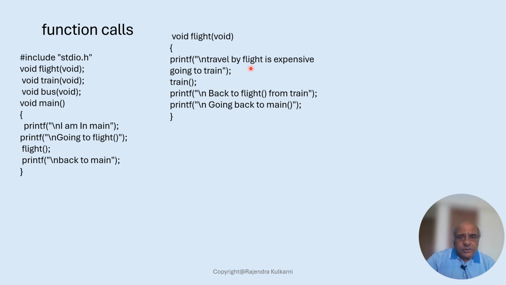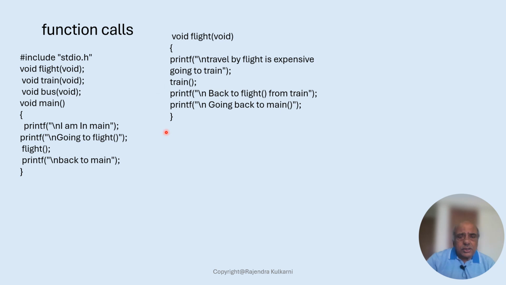It will execute travel by flight is expensive, going to train. Then we are calling a function called train. After this train function is called, then another two statements, back to flight from train and going back to main, and there is a closing brace of the flight function.